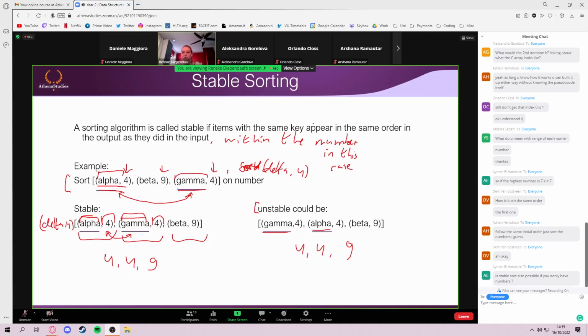Is stable sort also possible if you have only numbers? Yeah, I think so. So if you only have like 2, 3, 4, right? Well, it's kind of hard to say, right? Because let's say you have 2, 2, and you sort them to be 1, 2, 2, 3, 4.